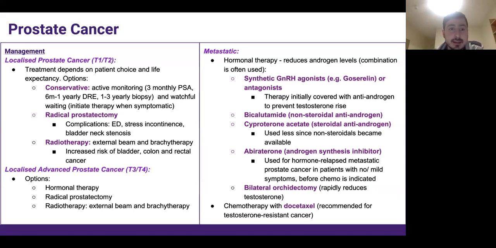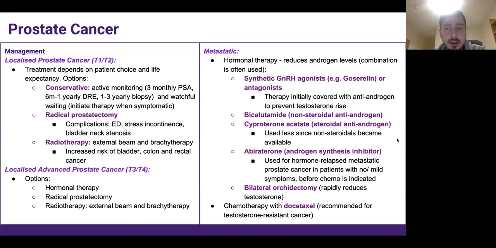If it's metastatic, removing the prostate doesn't address the fact that there's been metastases, so hormonal therapy has a big role here. That's because we know that prostate cancer is androgen driven. So if you shut off the androgen supply, you might be able to reduce the symptoms and get it under control. So you want to give a GnRH agonist, so goserelin, which will shut down the axis producing androgen. But before it shuts down the axis, it can cause an initial rise in androgen.